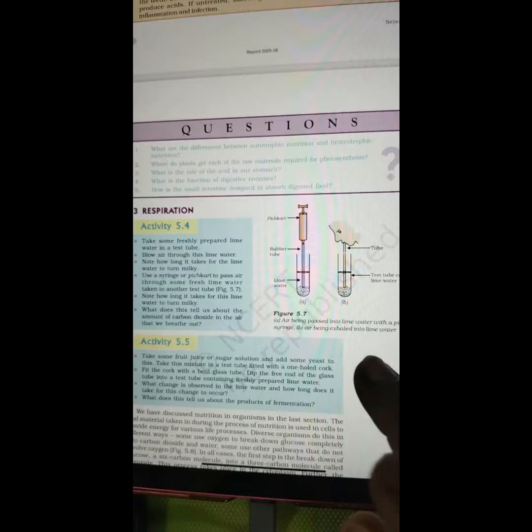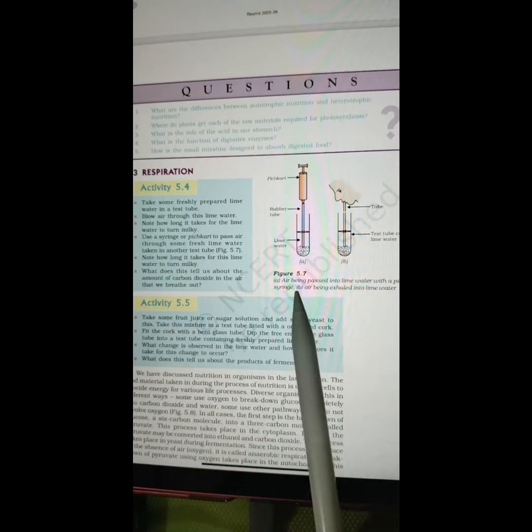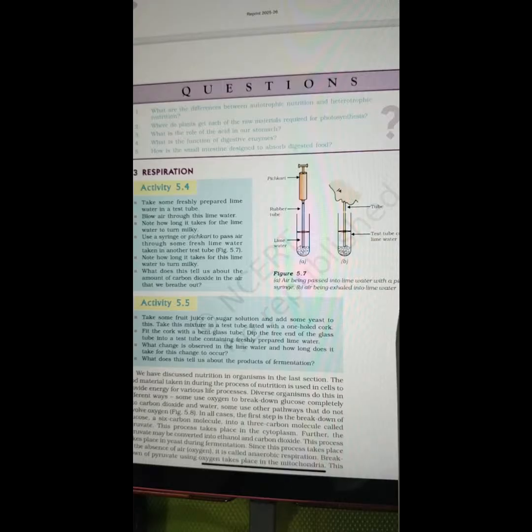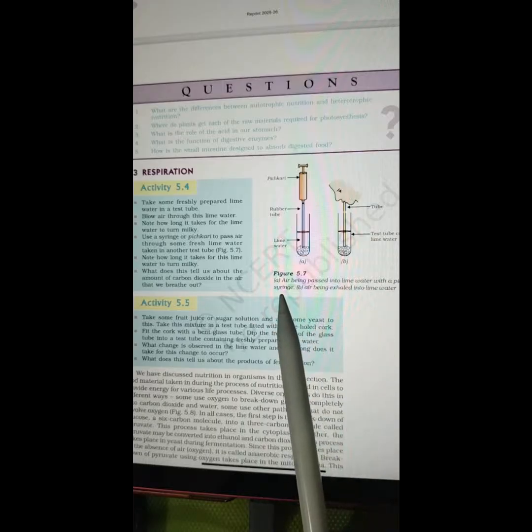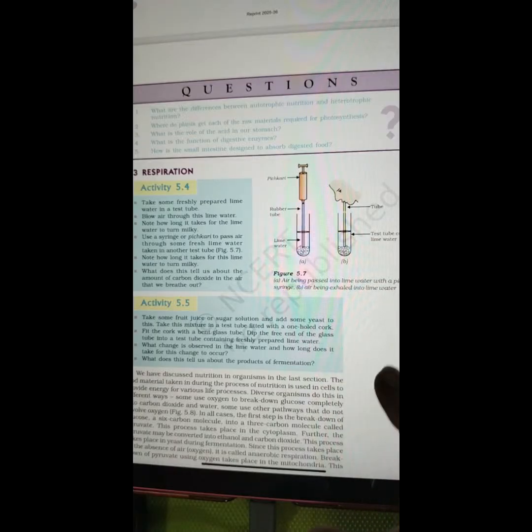Autotrophic nutrition, heterotrophic nutrition. Pichkari, syringe. Exhaled.